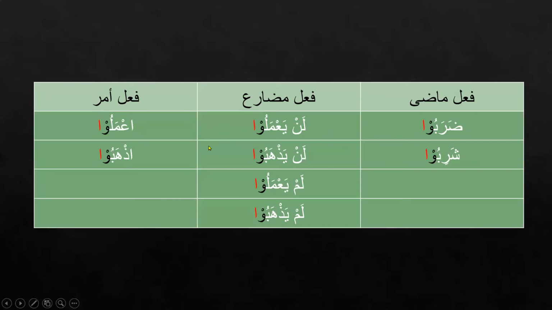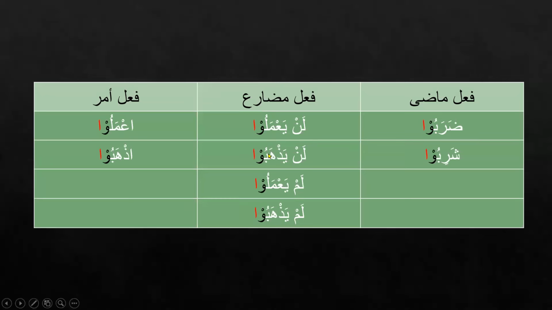Alhamdulillah. And there are some other examples, fi'l madi, fi'l mudari, and fi'l amr, showing a Waw Jama'a and Alif Al-Fariqah. Darabu, layyamalu, imalu, sharibu, layyazhabu, izhabu, lam ya'malu, lam yazhabu.